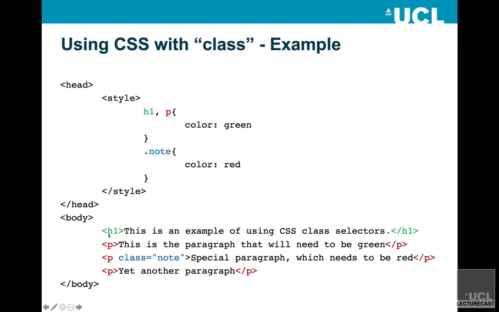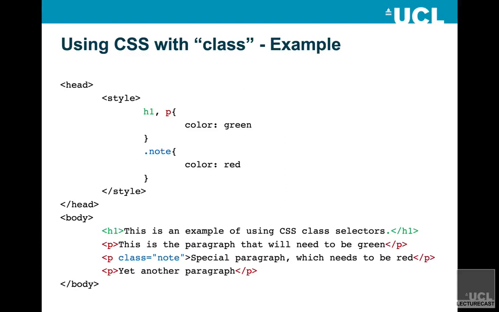Now, H1 as well as P are supposed to be presented in green. But we have another P paragraph which has got a special class, which says class note. So this paragraph will then have to be rendered in red. All the other paragraphs will be in green. So why is this happening?